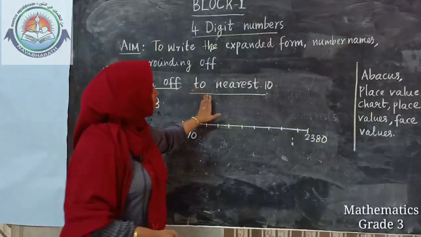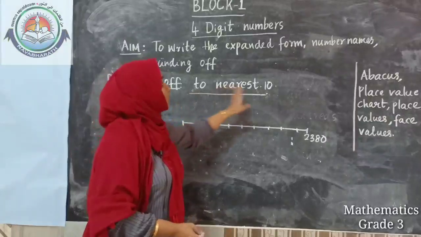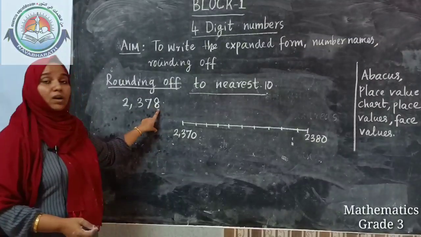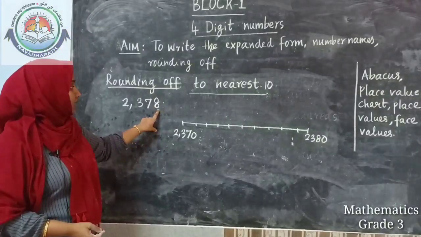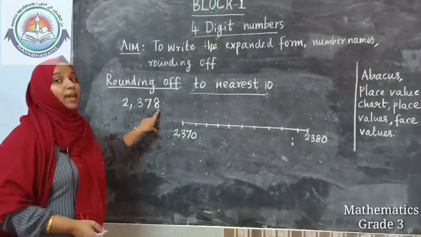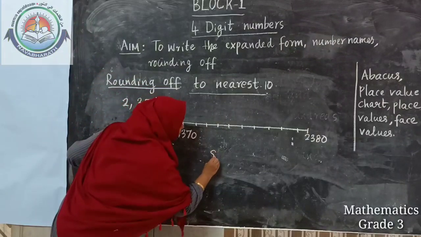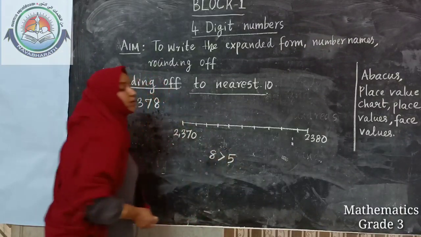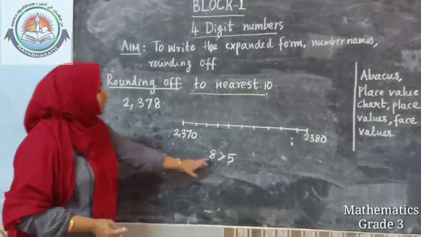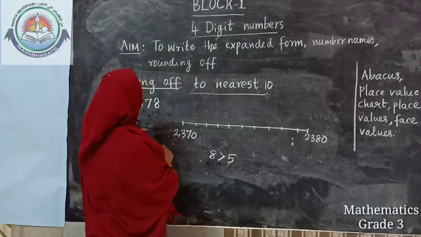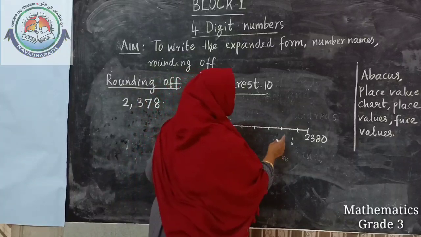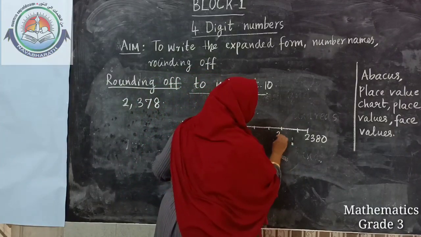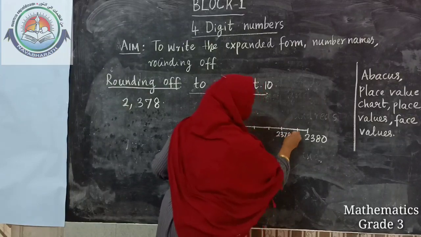For rounding off a 4-digit number to nearest 10, first you check the number at the ones place. Which is the number here? It is 8. And we know that 8 is greater than 5. And this 2378 will be here.